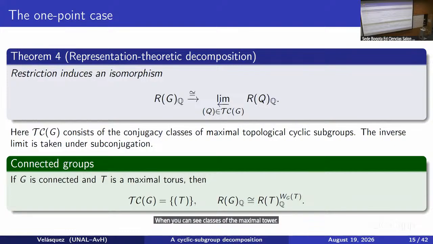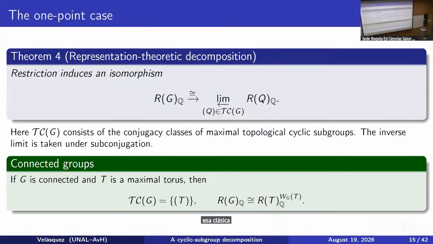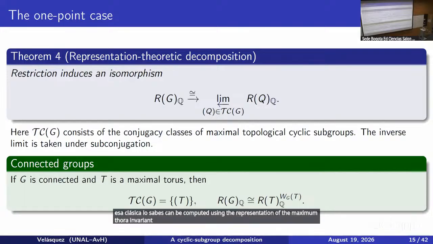Then this inverse limit, in the connected case, is just the representation ring of the torus invariant by the Weyl group. It's a classical result for connected groups: the representation ring can be computed using the representations of the maximal torus invariant by the Weyl group.